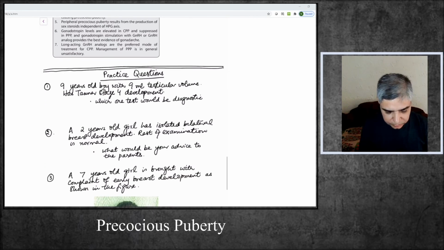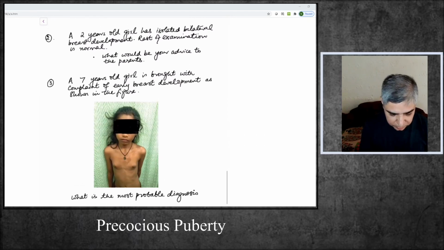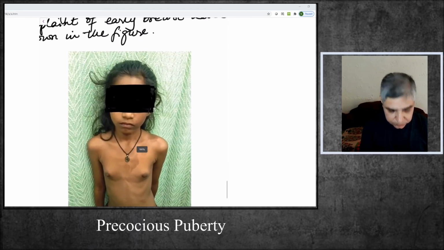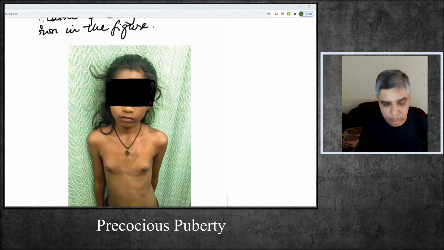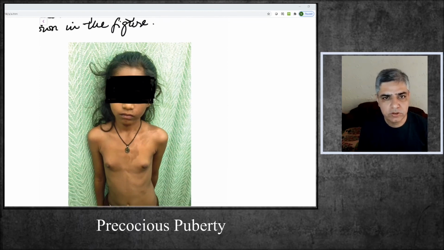Then the third question, a 7-year-old girl is brought with complaints of early breast development, and you are given this picture. Have a look at this picture. What you are seeing is a 7-year-old girl who has got premature thelarche, and if you see, you can find some spots over here and over here.